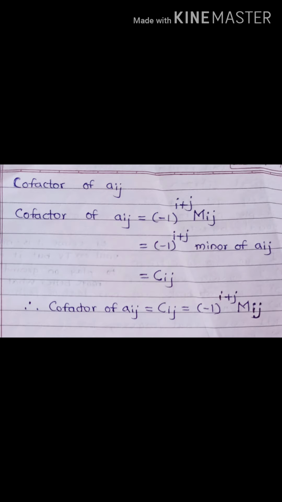That is, minus 1 raised to i plus j into the minor of Aij. The cofactor of Aij is denoted by Cij. Therefore, the cofactor of Aij is Cij equal to minus 1 raised to i plus j into Mij.